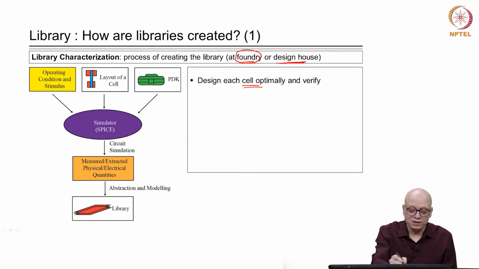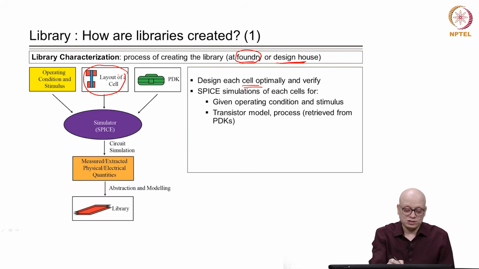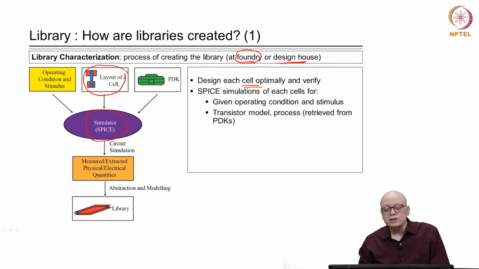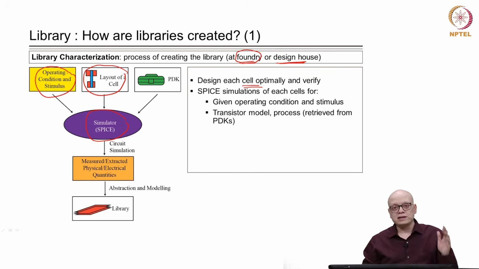Once we have the designed cell, we do spice simulations for these cells. While doing this spice simulation, we specify various operating conditions and various stimulus. For example, given an AND gate, what will be the stimulus at one input and what will be the stimulus at the other input, and so on. So, the stimulus and the operating conditions are decided, and then the information of the transistor.